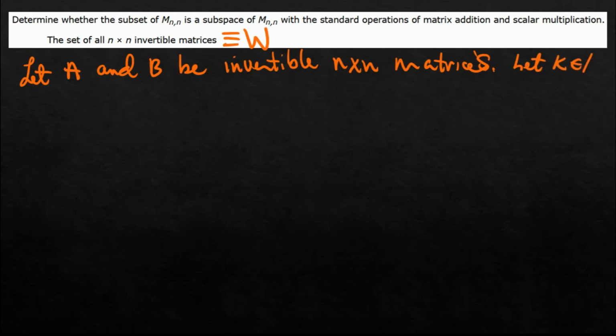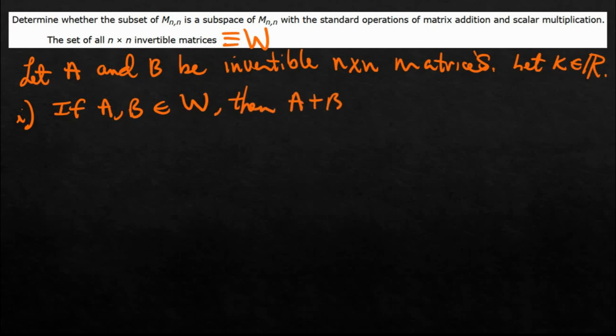Let K be any real number. So if A and B are invertible, that's what that means, then A plus B may not be. Show by counterexample.